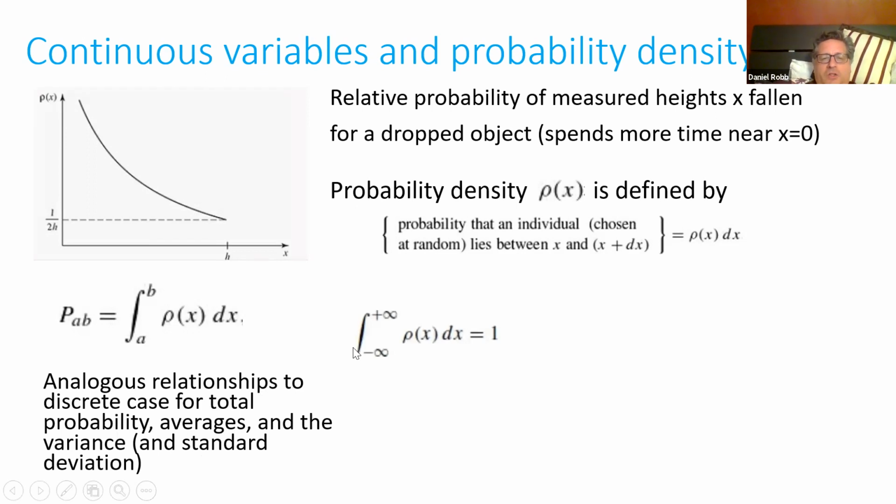So because the total probability has to be 1, that is, the variable has to be measured with some value, if we integrate over all possible values of the variable of the probability density, we must get 1, okay? And this is often called the normalization of the probability density, because it's normal when the integral is equal to 1.